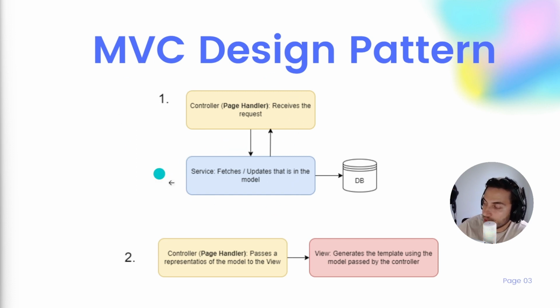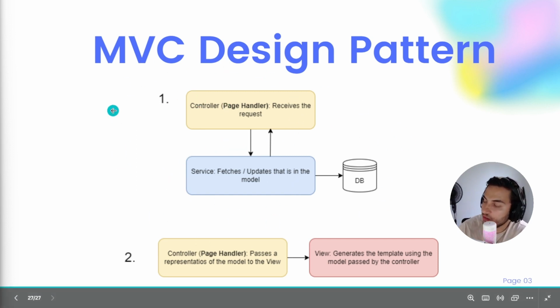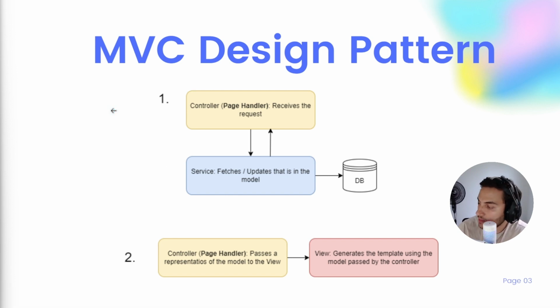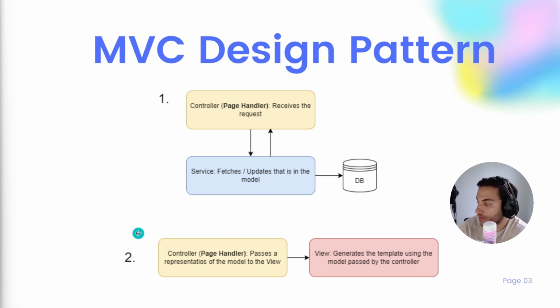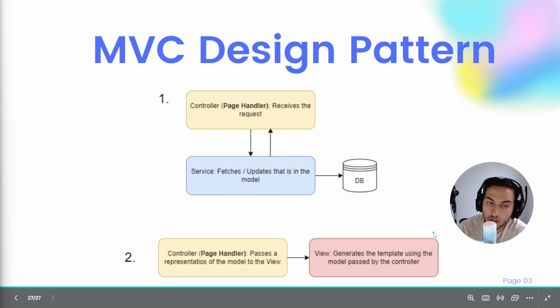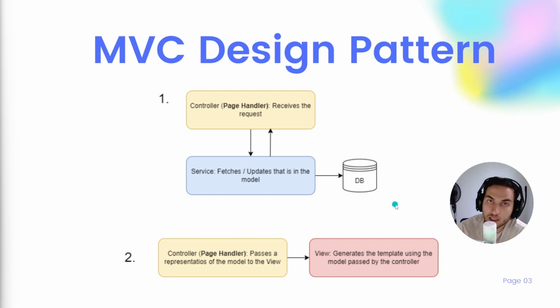So this can be seen as the first step of the process, and after that is done, the controller is going to pass a representation of the model to the view. So the view is going to finally generate the template using the model that we passed. So it's like a two-step process in which the controller participates in both of them. First, passing the request so that the service can act based on that.